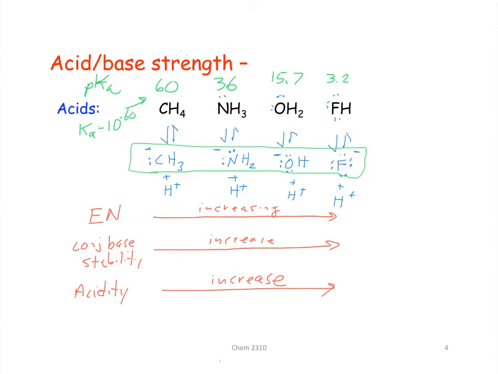Is that a big number or a small number? Dang, that is a super small number. It means the equilibrium is way to the reactant side, and basically methane just does not dissociate in water at all. Super, super weak acid. All right, so the important thing here in this trend is our electronegativity.